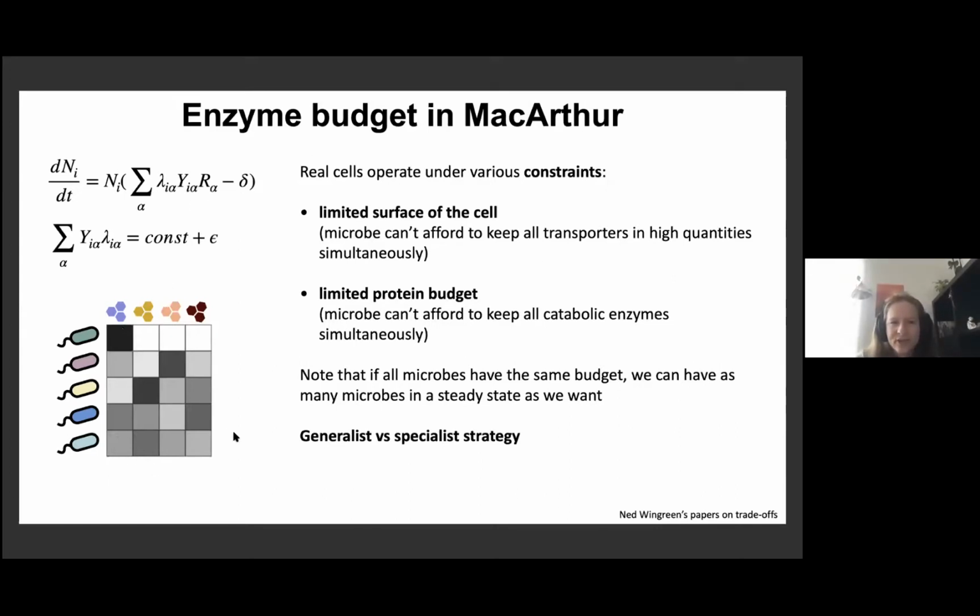And then there is a generalist strategy, which means that you will consume a lot of resources simultaneously, but you won't be really good at any of them, and they will have a marginal effect on your growth.